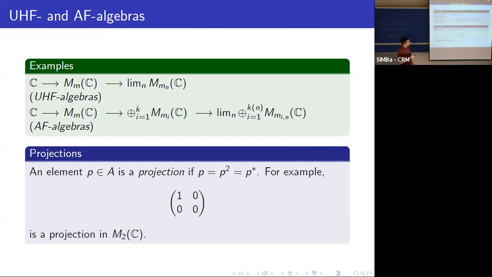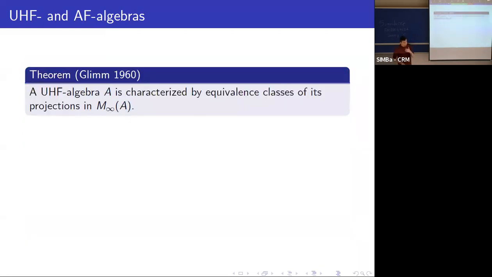And what do I mean by these projections being able to distinguish this? Well, Glimm showed in the 60s that a UHF algebra is characterized by not just projections, but equivalence classes of its projections. Not only in A, but in M2(A), M3(A), and so on. So you not only look at projections in A, you look at projections in M2, in M3, in M4, all that. You can consider an equivalence relation, which I'm not going to define.